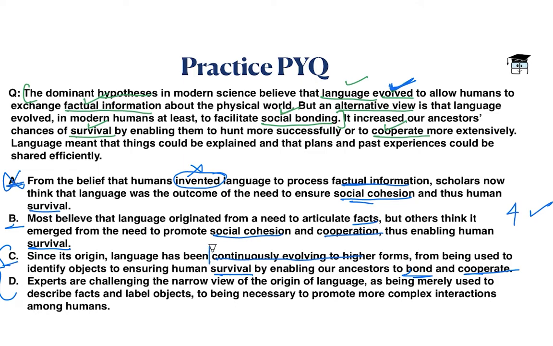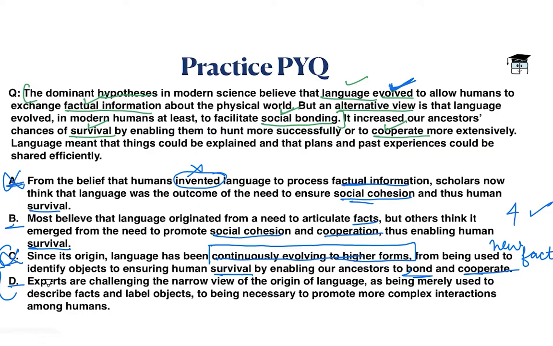Again, a modification has been made, evolving to higher forms. Now, this phrase is listed nowhere in the paragraph. That means a new fact has been introduced in the summary, right? This cannot happen. That means option C cannot be my summary.